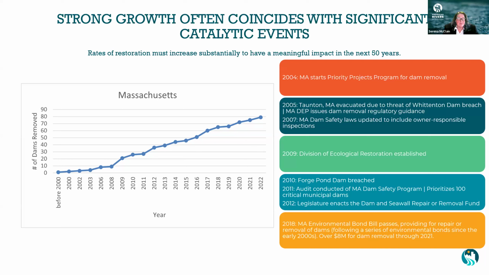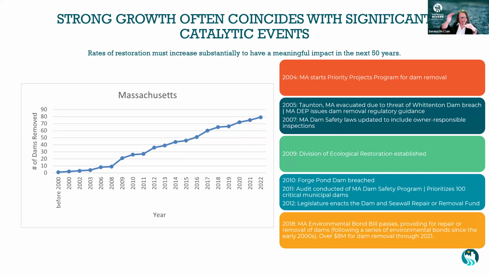In 2007, Massachusetts dam safety laws were updated to include owner responsible inspections. By 2009, we'd really seen a growth in the program within the state of Massachusetts, and Riverways transitioned into the Division of Ecological Restoration, which was established.